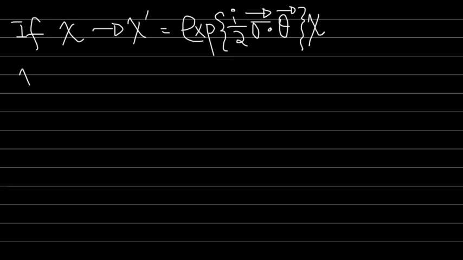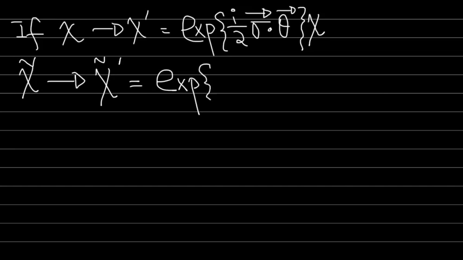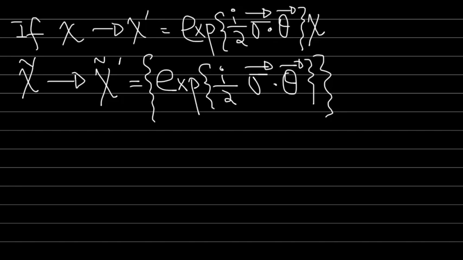And so we can also write chi tilde goes to chi tilde prime, right? My pen is not working. Okay, chi tilde prime is equal to exponential i over 2 sigma vector dot theta vector times, we take the transpose and inverse of this.